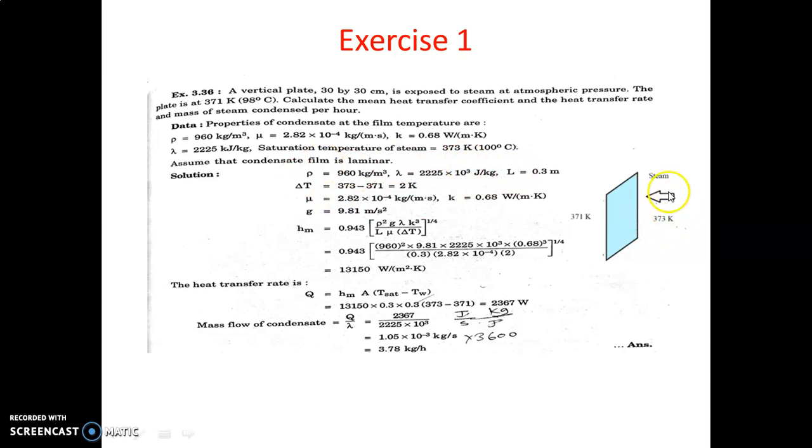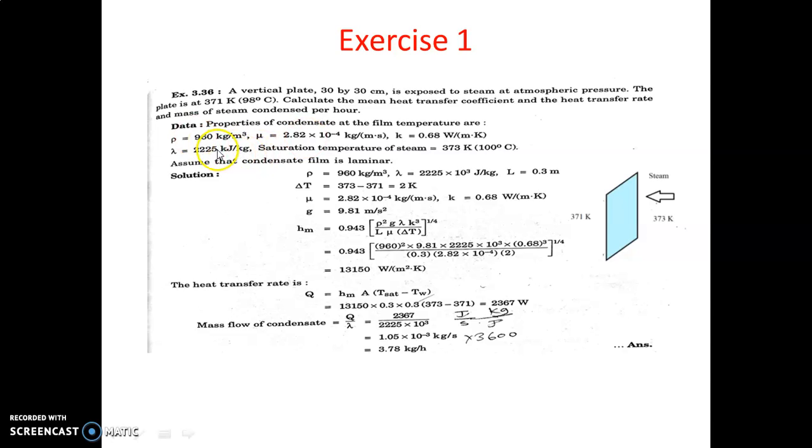So this is the steam temperature, and suppose the other side of this surface is maintained at 371 Kelvin. So this is the other side temperature, 371 Kelvin. And for this case we have to calculate the mean heat transfer coefficient, heat transfer rate and mass flow rate, or mass of steam condensed per hour.